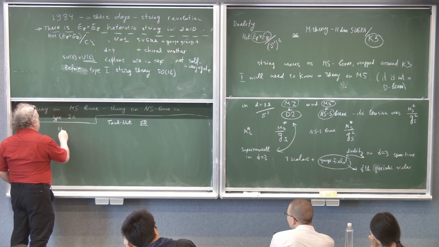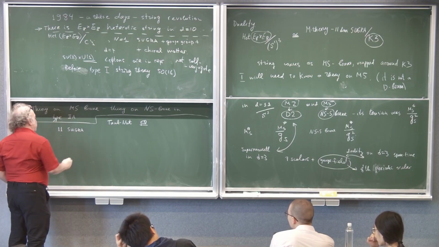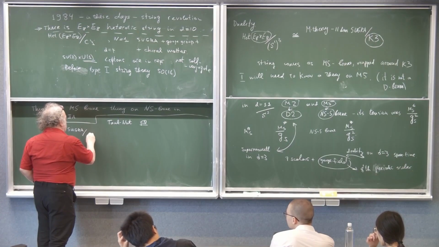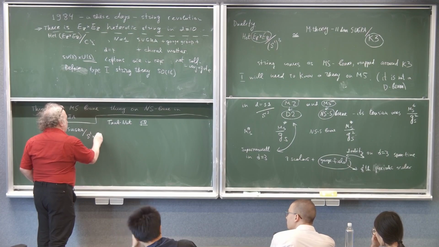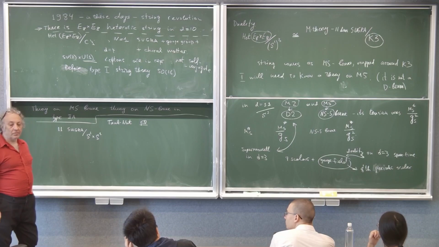Let us study 11-dimensional supergravity, so this was too easy. But let us compactify it on two circles.